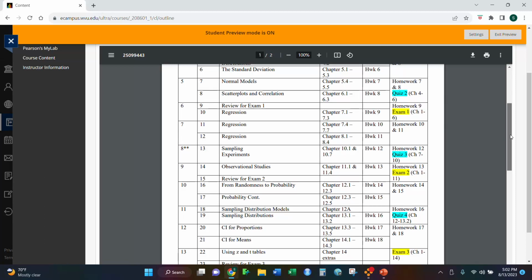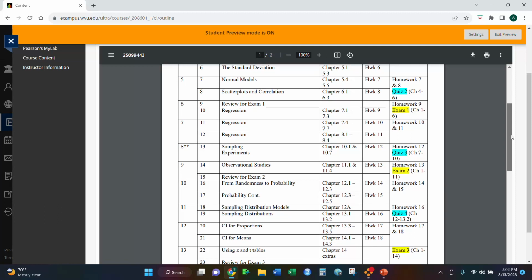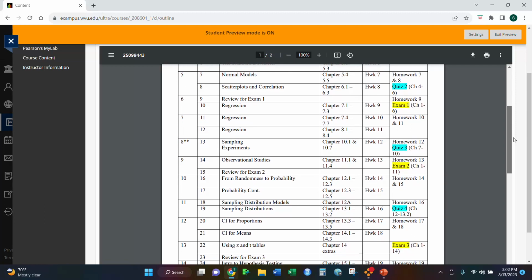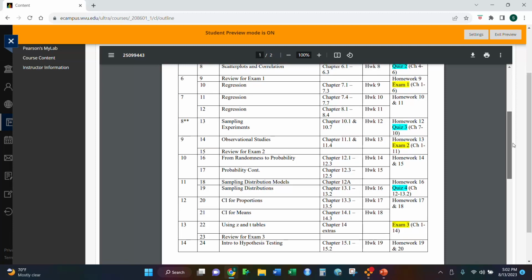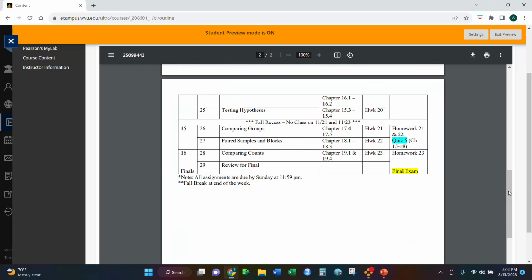And essentially the same pattern generally continues the whole time, where each week, 2 lectures, 2 homeworks with periodic quizzes and exams. 5 quizzes, 4 exams, all the way to finals week.